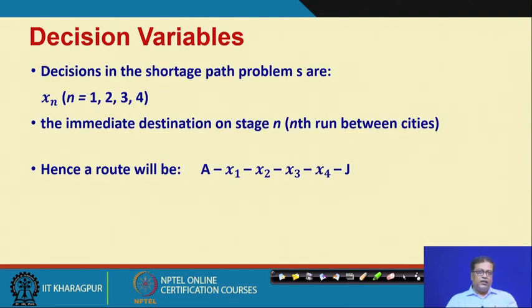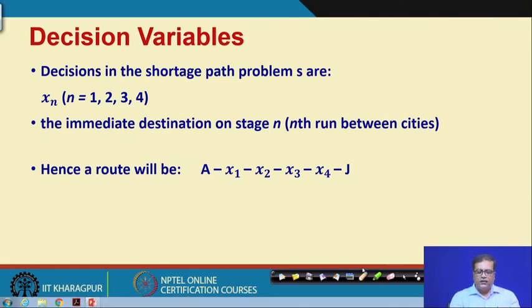Now, the decision variables. The decisions in the shortest path problem are x n, which can be called the immediate destination on stage n, that is the nth run between cities. So, supposing hence a route will be A to x 1 to x 2 to x 3 to x 4 to J. So, to understand this, let us draw this diagram here.